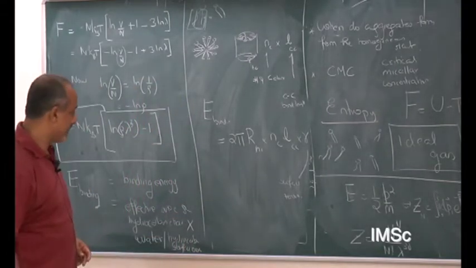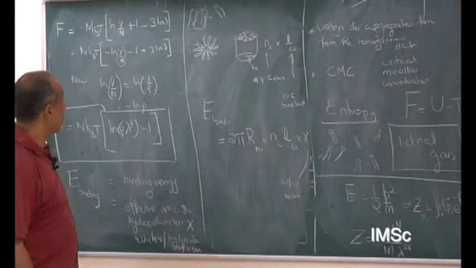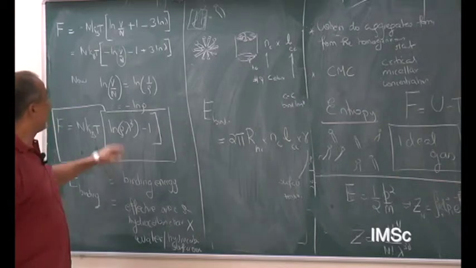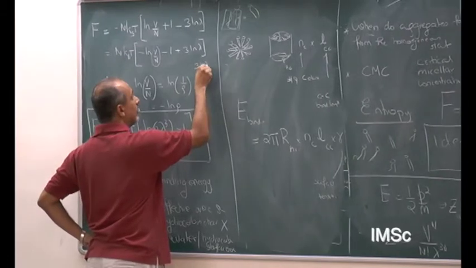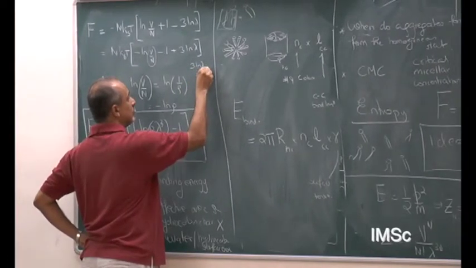Okay? So how did you get lambda cubed? I got it from here, because 3 log lambda is log of lambda cubed.